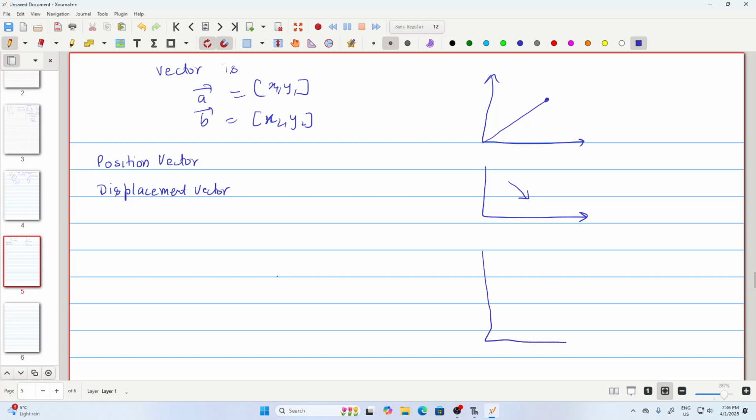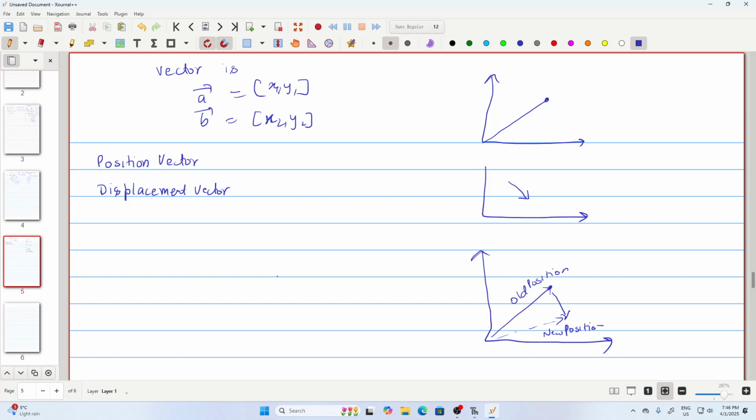So from the end point you add the other vector. The object has moved here in the next frame, and this vector becomes the new position. This was the old position and this becomes the new position. Similarly, we'll get the next displacement vector to find the position in the next frame and the next frame.